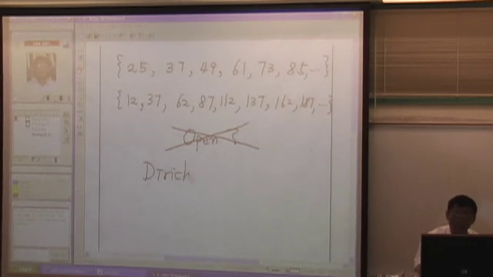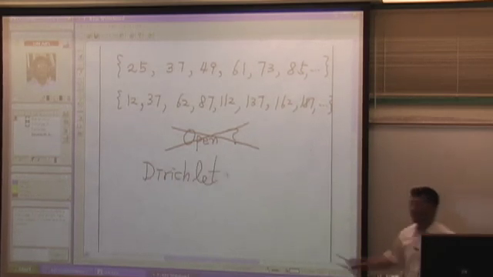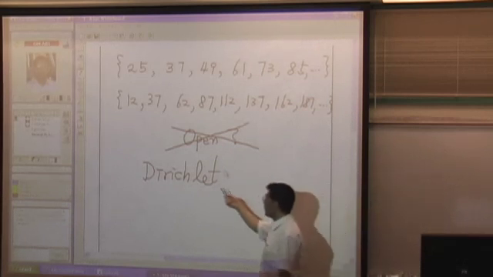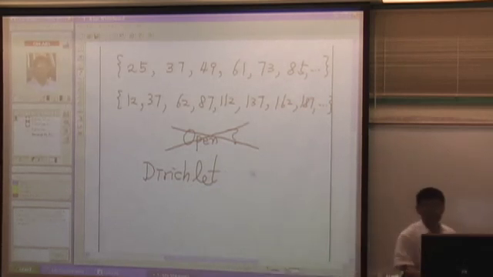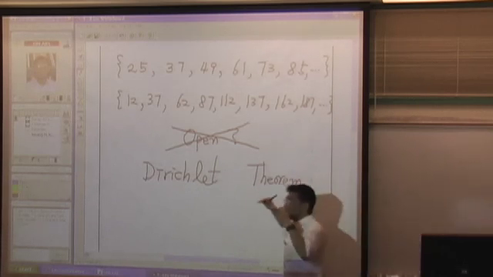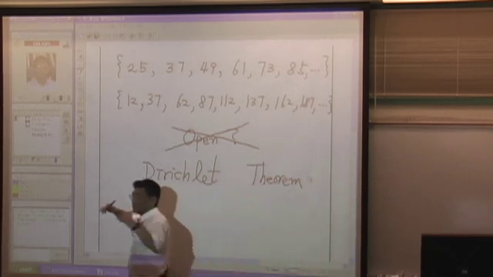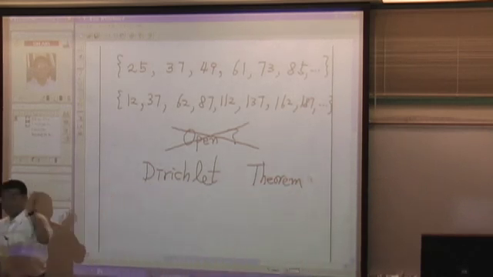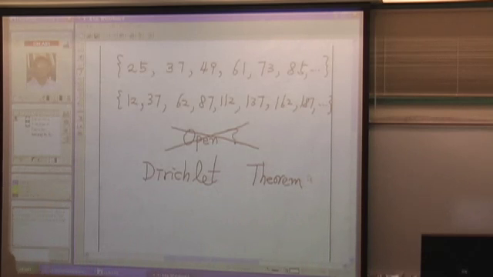Dirichlet proved this thing called the Dirichlet theorem about arithmetic progression, and it says if we have two relatively prime numbers, then any possible arithmetic progression using A and B has infinitely many primes inside this set, right? Inside this kind of set. So infinitely many prime numbers here and infinitely many prime numbers here.